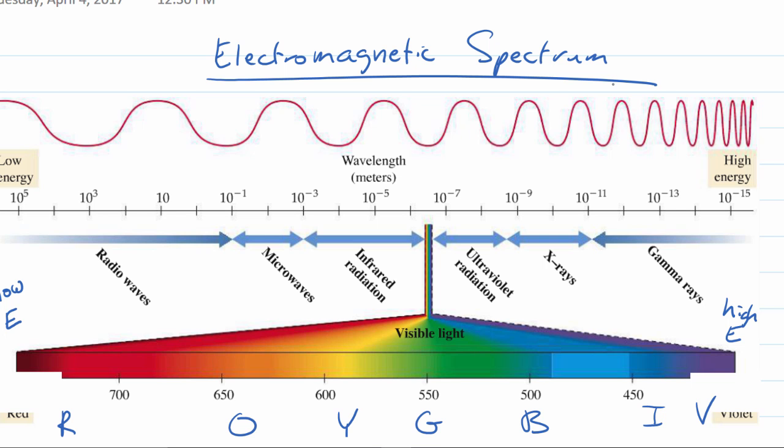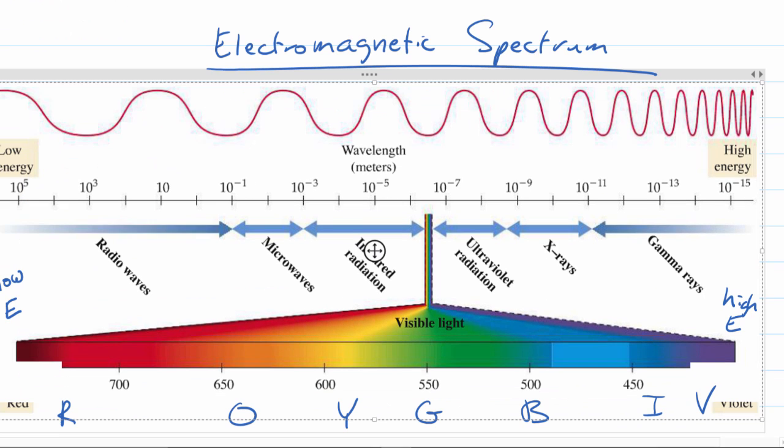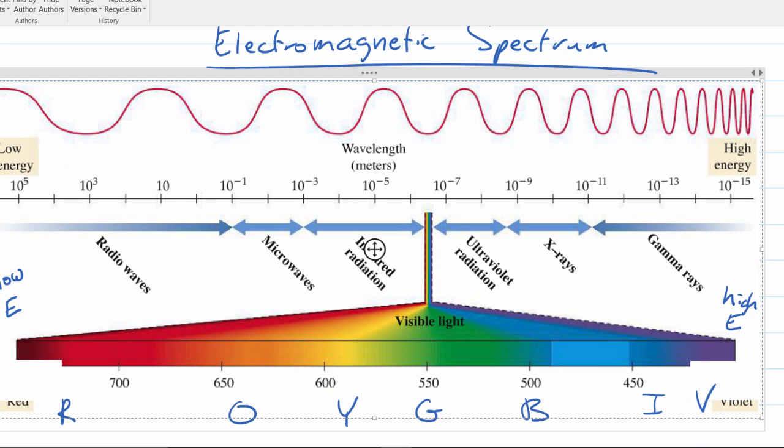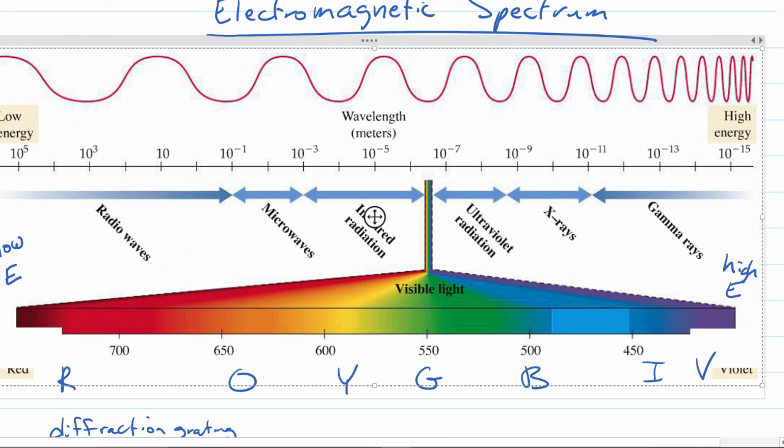But now when we look at these, you'll see that visible light actually comprises a very small sliver of the electromagnetic spectrum. And to the right of visible light sit these forms of radiation, which we refer to as ionizing forms of radiation.